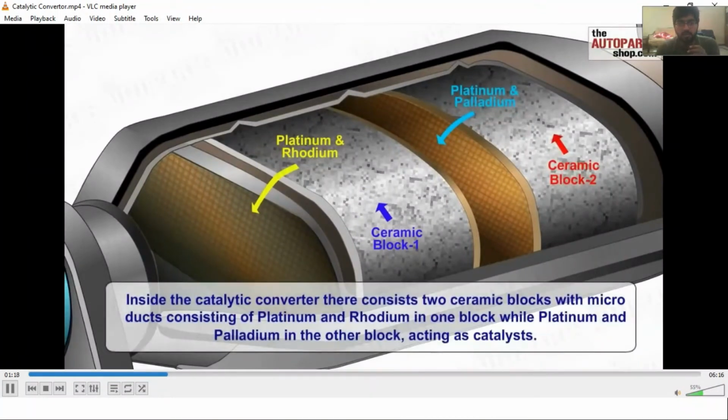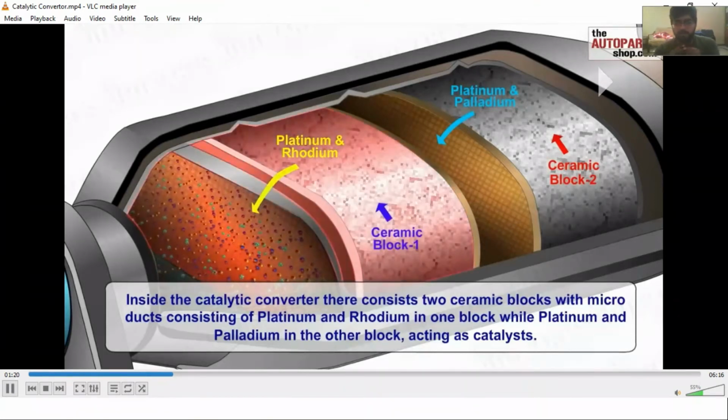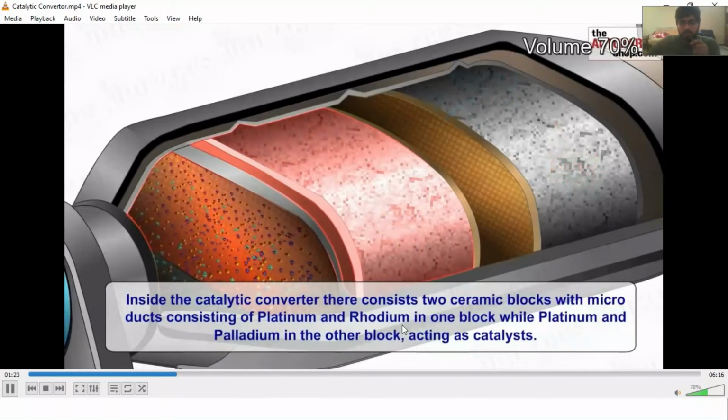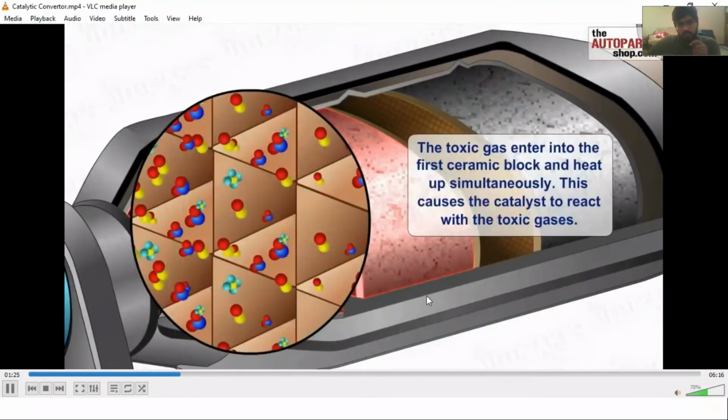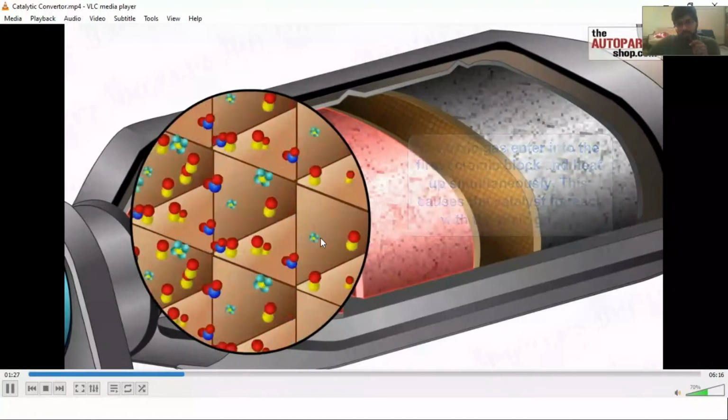You can see here we have platinum and rhodium in the reducing element, and platinum and palladium in the oxidizing element. So again, they are being used quite frequently. So these are some of the toxic gases.